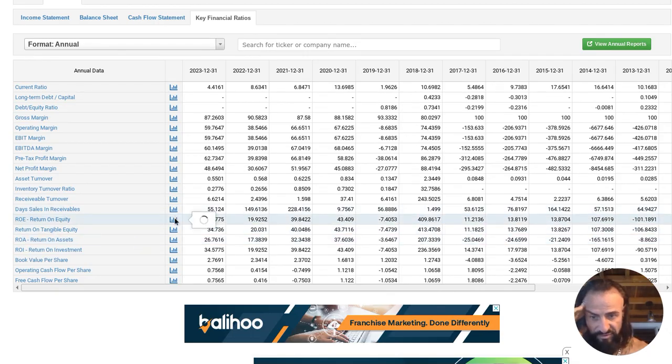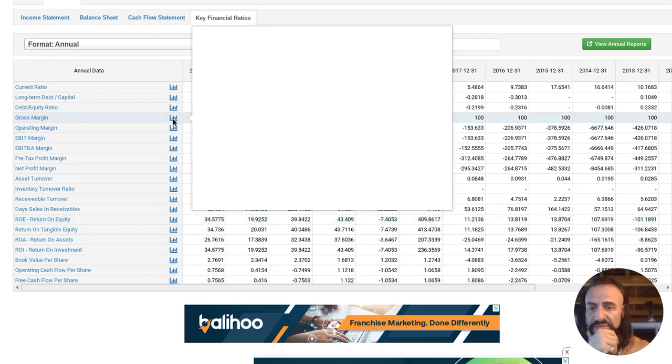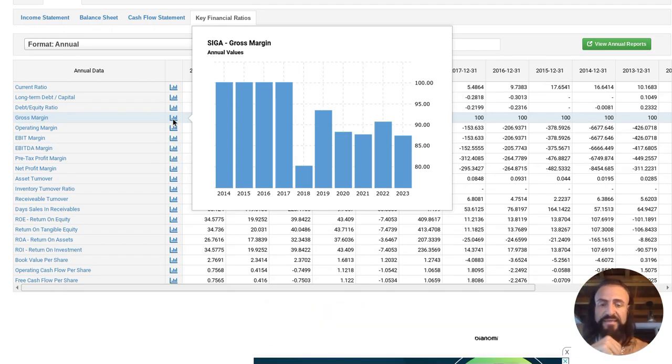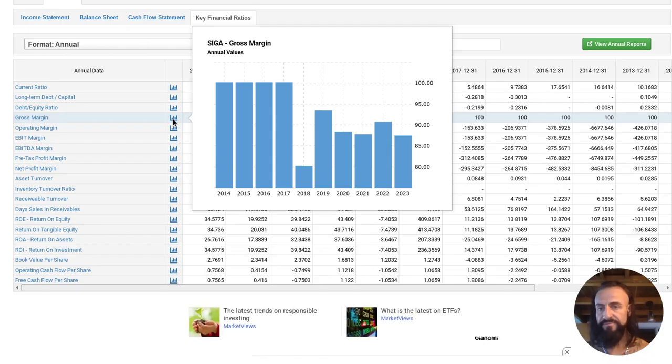Return on equity, 34%, 19, 39, 43 over the past 3-4 years. This too looks pretty good. About 80% of gross margin.